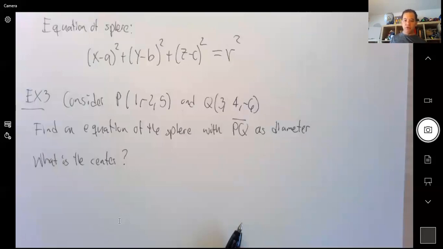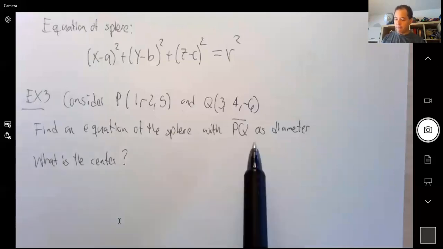Divided by 2 gives you the radius, right? If you know the diameter, that's how to get the radius. But I want to find the coordinates of the center. So how do we find the coordinates of the center? Isn't it a and b?